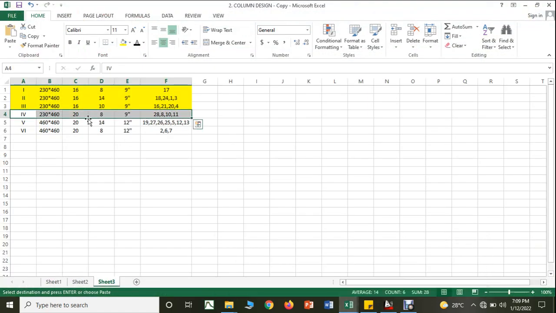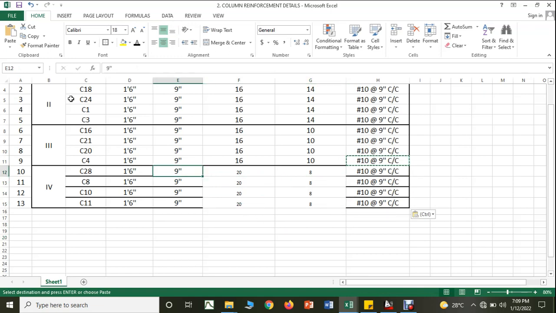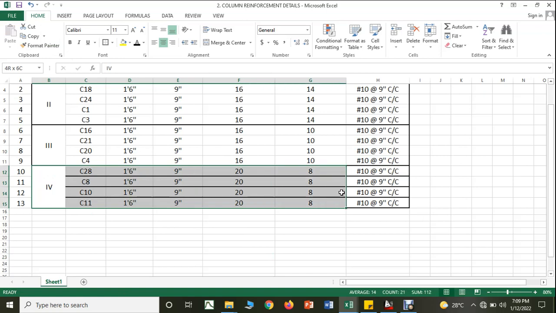The numbers will be 20 mm dia, 8 numbers, and 10 mm ties at 9 inch center to center. So that will be my fourth group of column.